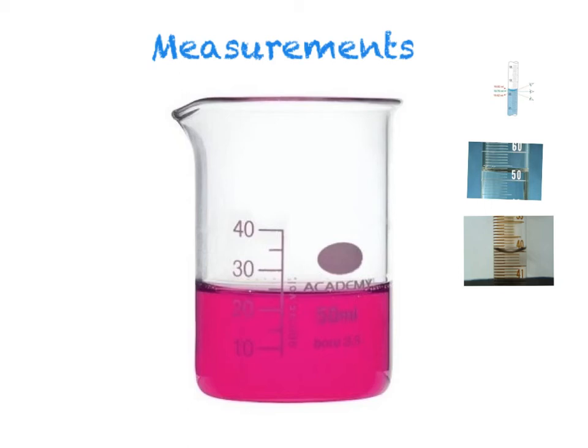Another thing to realize when you are making a measurement, your measurement cannot be estimated past one place more than your instrument is calibrated for. What I mean by that is, if you look at this beaker, it is calibrated out to the tenths place. So we have 10, 20, 30, and 40.